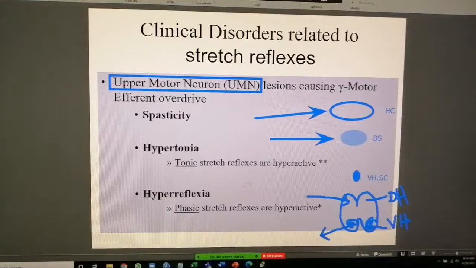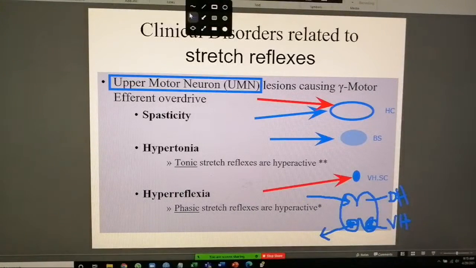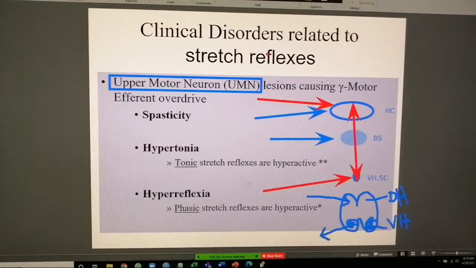So, from this point, i.e., the highest centers, till the alpha motor neuron residing in the ventral horn of the spinal cord, and everything in between, all the circuitry in between, all the descending tracts in between: if there is a problem anywhere in between, we refer to it as upper motor neuron.